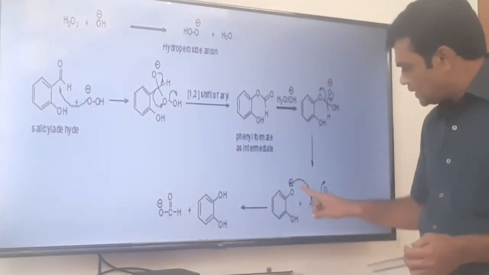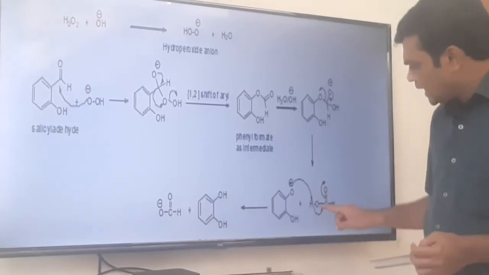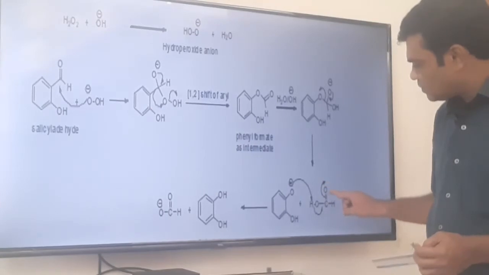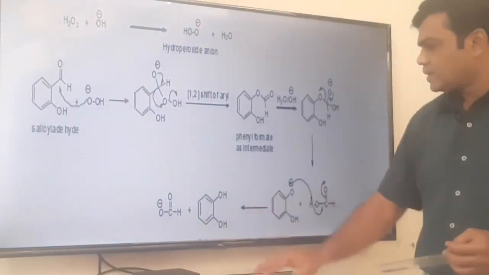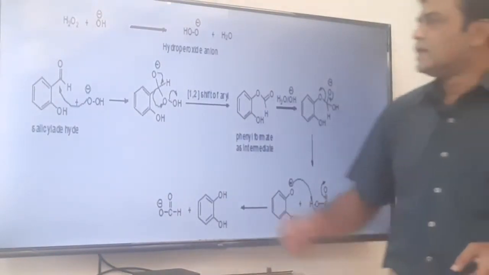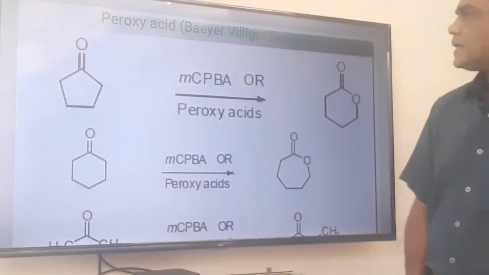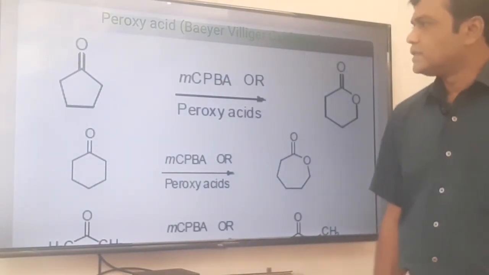So this H positive and this O negative form a bond, OH is formed, and this bonded pair of electrons is shifted here, the pi bond is open here, and this is the byproduct. And what we get? We get our desired product, where the aldehyde group is converted to OH. See, it is very interesting, Baeyer-Villiger oxidation.